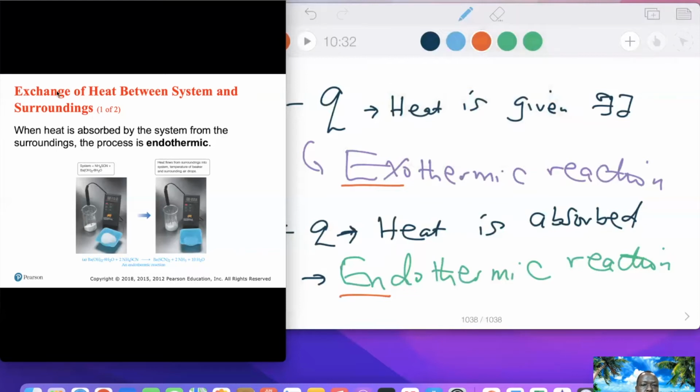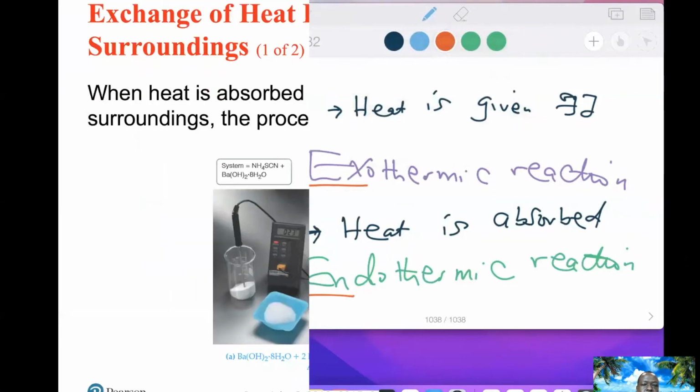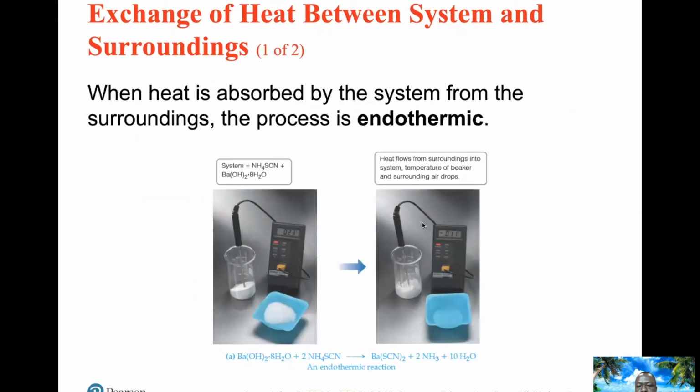So if you look at the temperature here, I just blew this up. At room temperature, before you mix the two reagents here, the temperature is around 23 degrees Celsius, but upon mixing the two reagents, the temperature went all the way to negative.